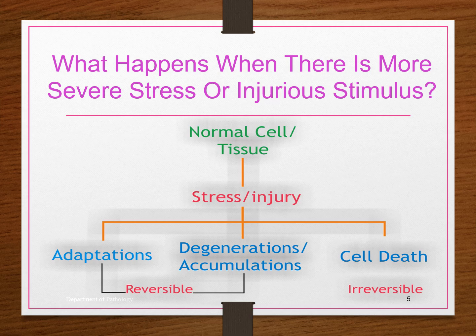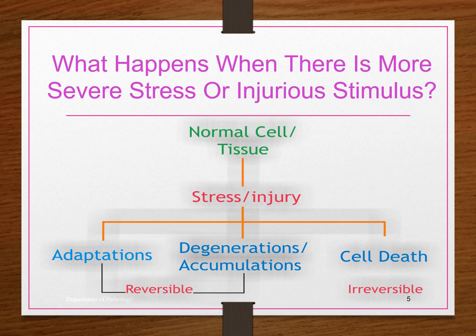One, when the stress or the injury or the stimulus is removed, the cell reverts back to normal. This is reversible cell injury. Even after removing the stress or injury or stimulus, if the cell is not reverting back to normal, but is going into another phase leading to the death of the cell, then it is called irreversible cell injury.